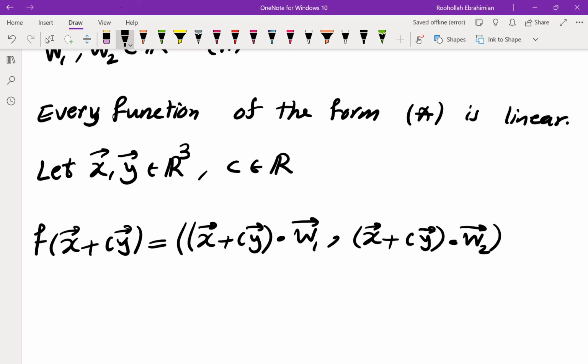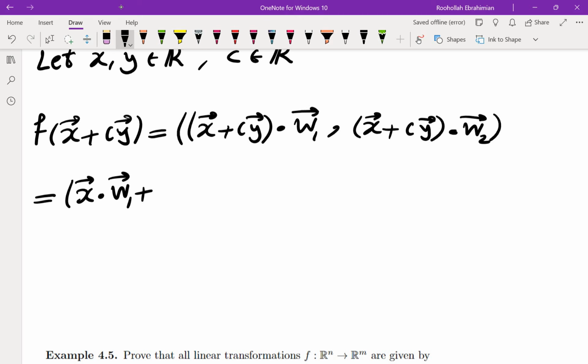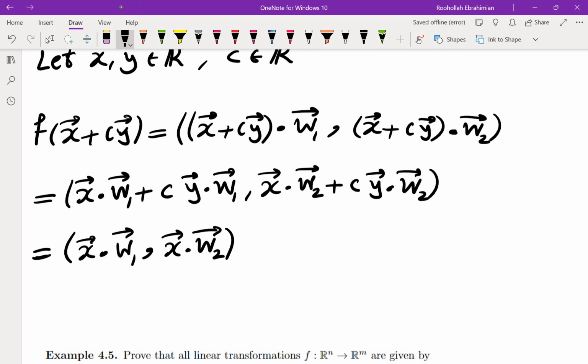So this would be x dotted with w1 plus c y dotted with w1, comma, x dotted with w2 plus c y dotted with w2, which is equal to x dotted with w1, I'm going to break this up into two different vectors, comma, x dotted with w2, plus c times y dotted with w1, comma, y dotted with w2.